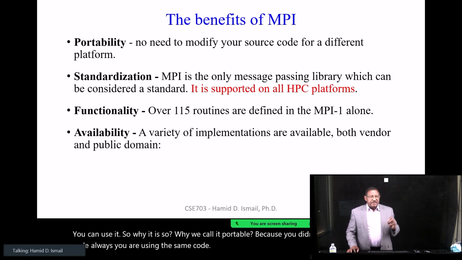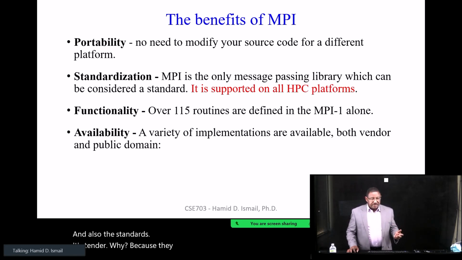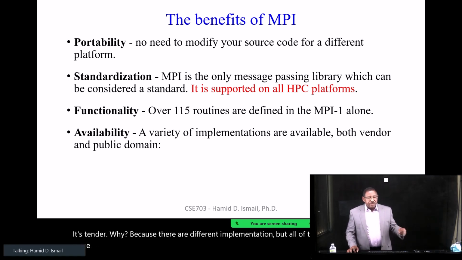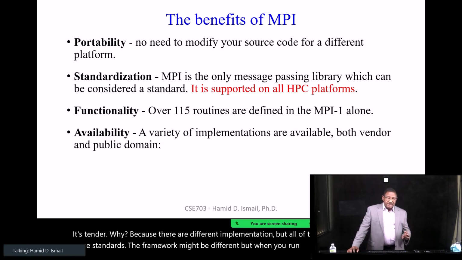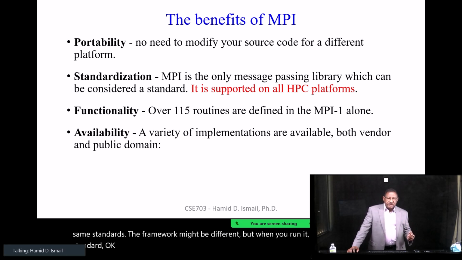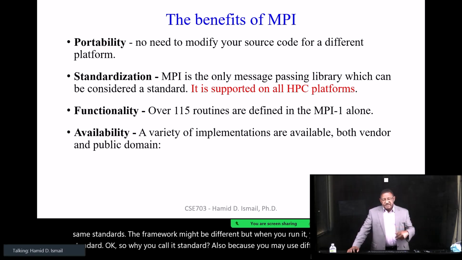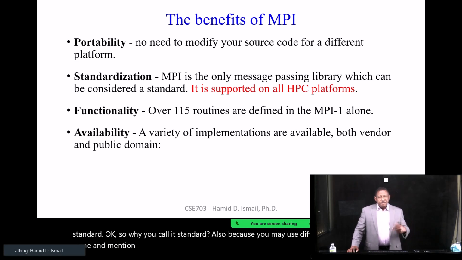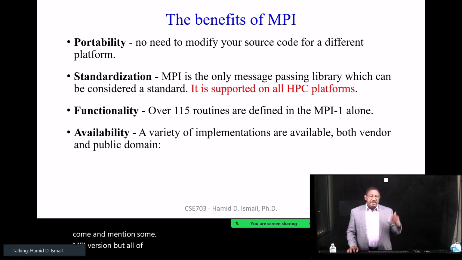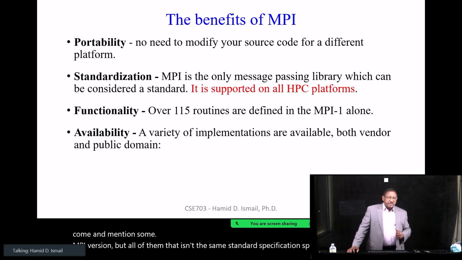And also it is a standard. Why? Because there are different implementations, but all of them follow the same standard. The framework might be different, but when you run it, you are using the same standard. Why do we call it standard also? Because you may use different MPI versions, and we will mention some of them, but all of them use the same standard specification specified by the MPI consortium.